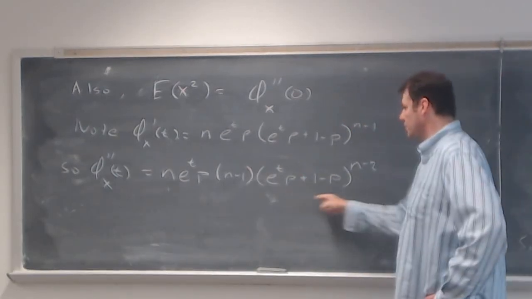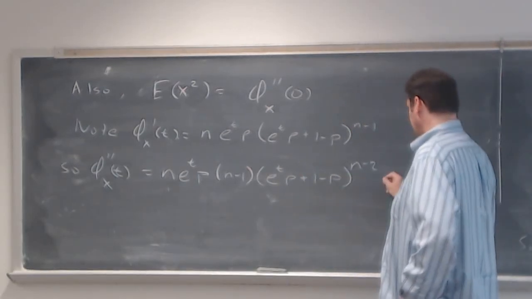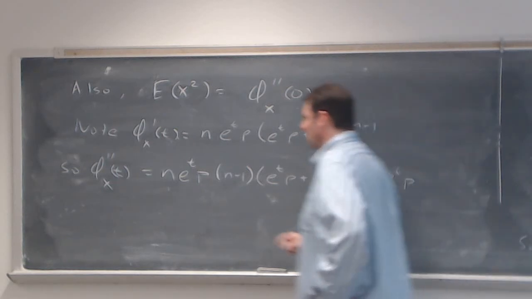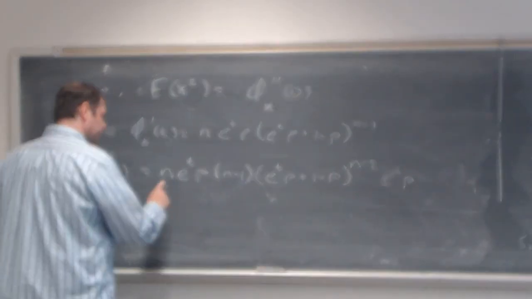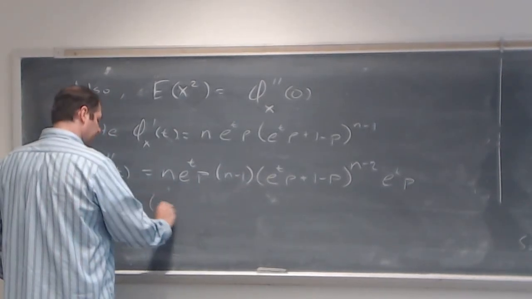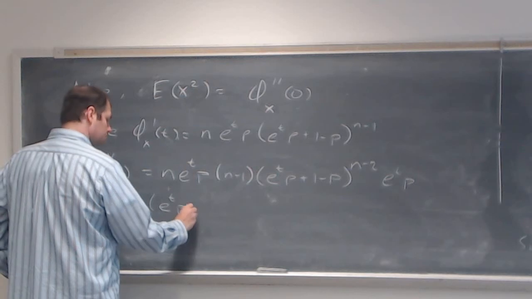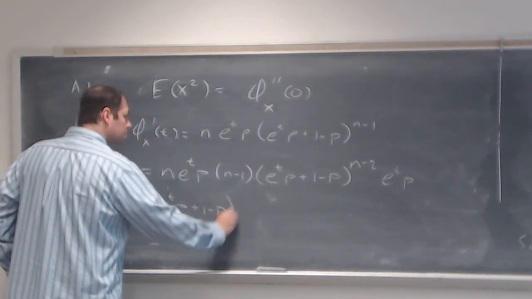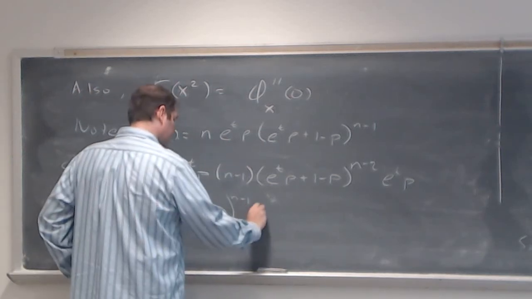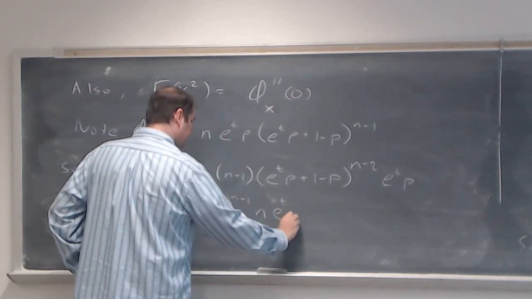Okay. Now I take the derivative of the inside with respect to t, and that's e to the t times p. Plus, so I'm not done, so I've written down the first and the second. Now what I do is I write down the second, and I take the derivative of the first, and so this is going to be n e to the t p.